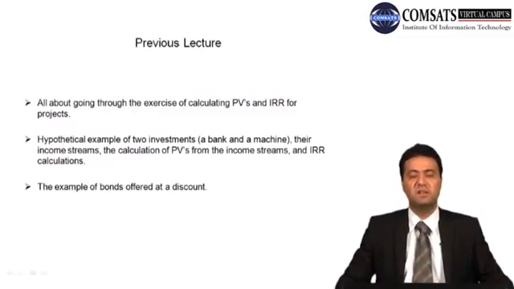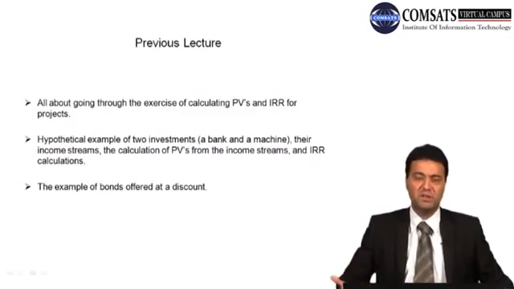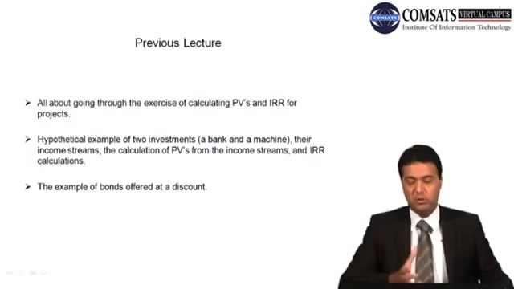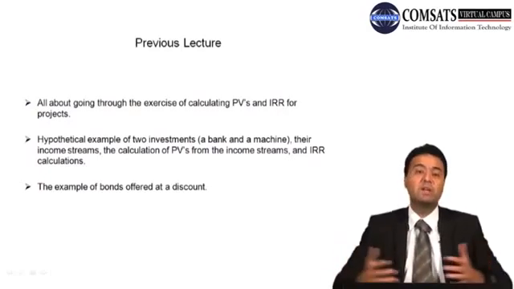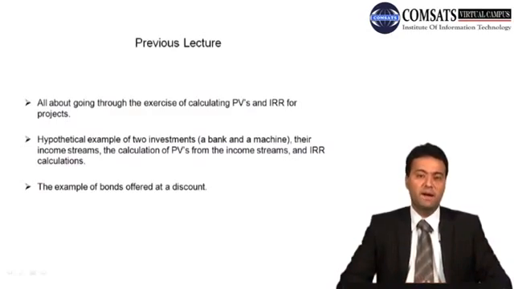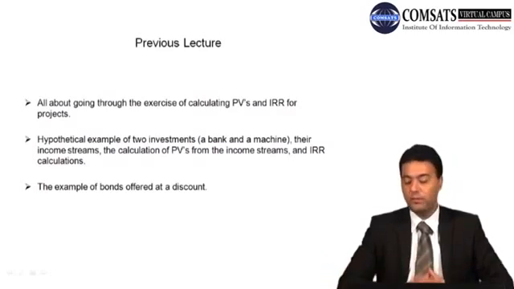The internal rate of return and the present values are comparative yardsticks through which the attractiveness or feasibility of a project is measured compared to other projects that are in the pipe, other investments that are right there, competing with the project that we want to run.